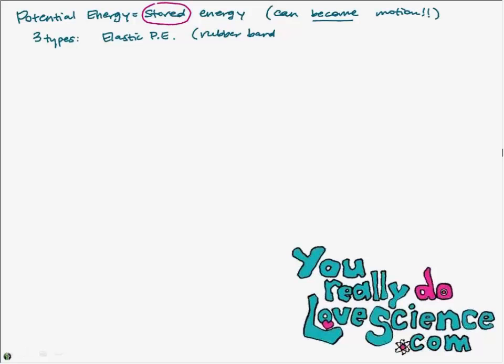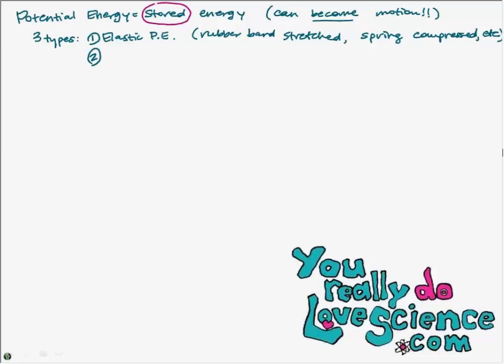The motion energy is kinetic, but the potential is when it's stored. Picture a rubber band that's stretched, and it could become motion if you let go of it, or a spring that's either compressed or stretched. These are elastic potential energy.